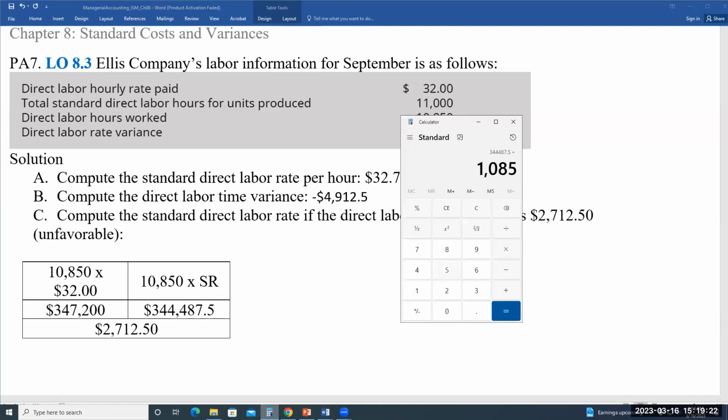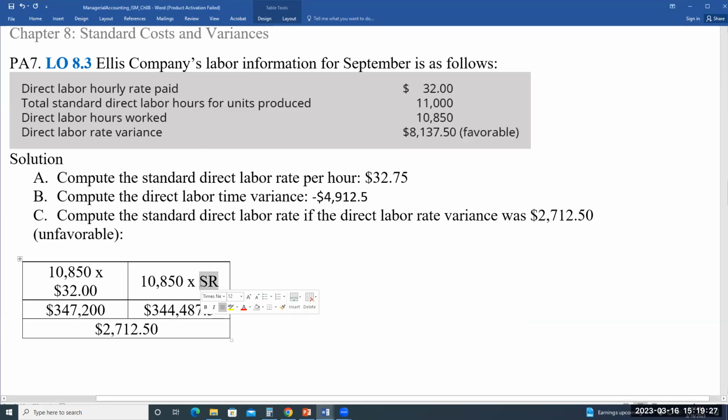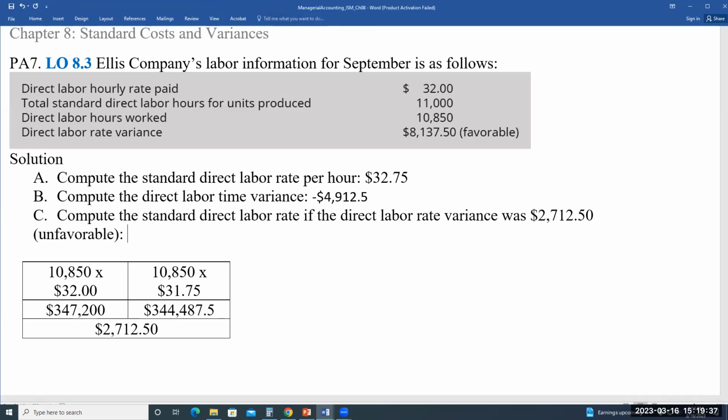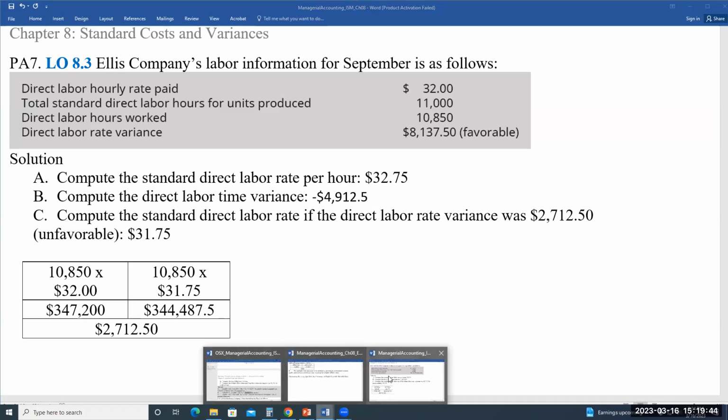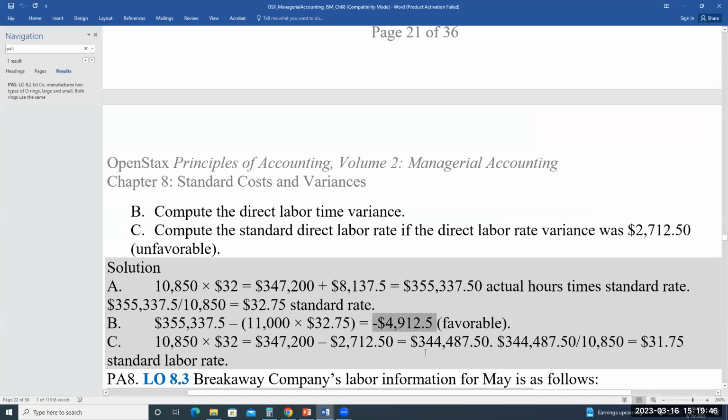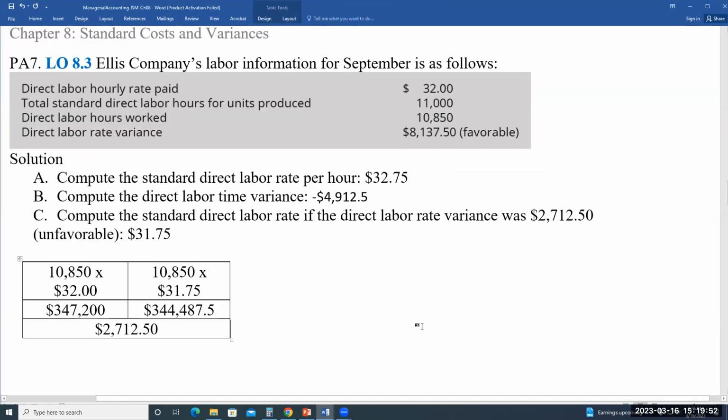Divide that by the actual hours, and we get a rate of 31.75. Okay, and that is correct. That is our standard direct labor rate for part C. That one came out. See how much easier it is if we use the table? Okay.